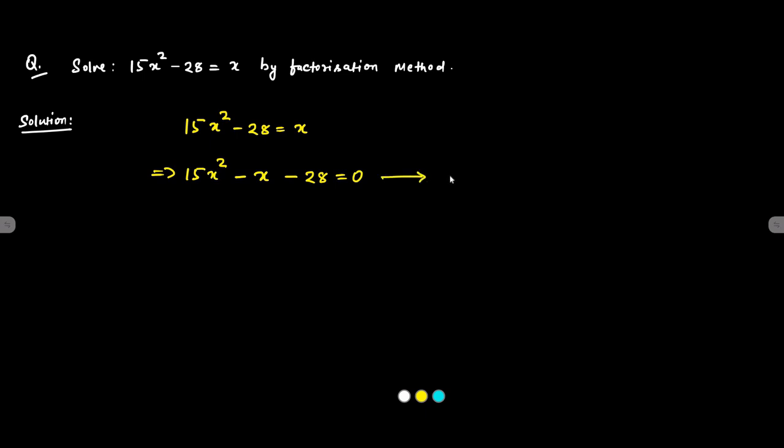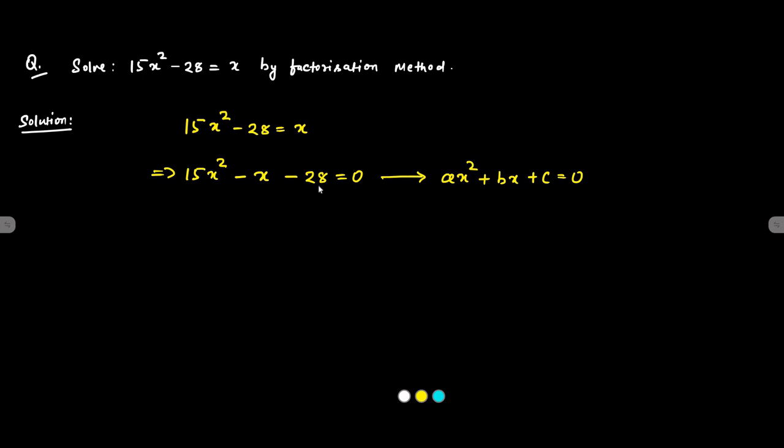Comparing it with the standard format, ax square plus bx plus c. So why am I doing this? Because when you are a beginner, getting started with quadratic equations, it is very easy to make mistakes while identifying these a, b, c values. When you write it in proper format and compare it with the coefficients of x square, x and the constant c, the chances of making a mistake are less.